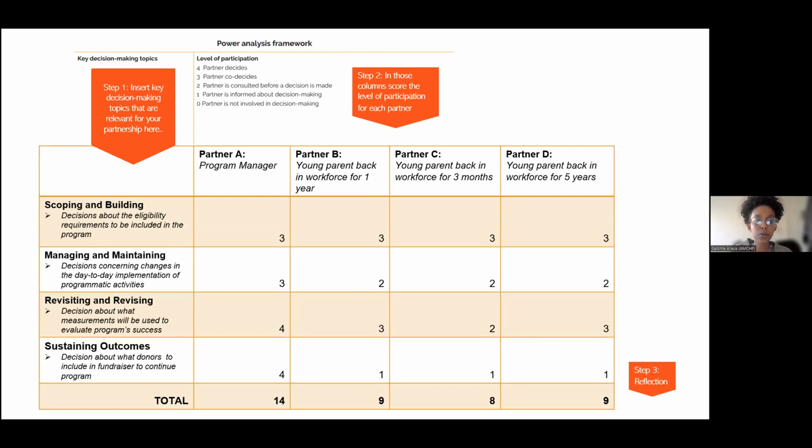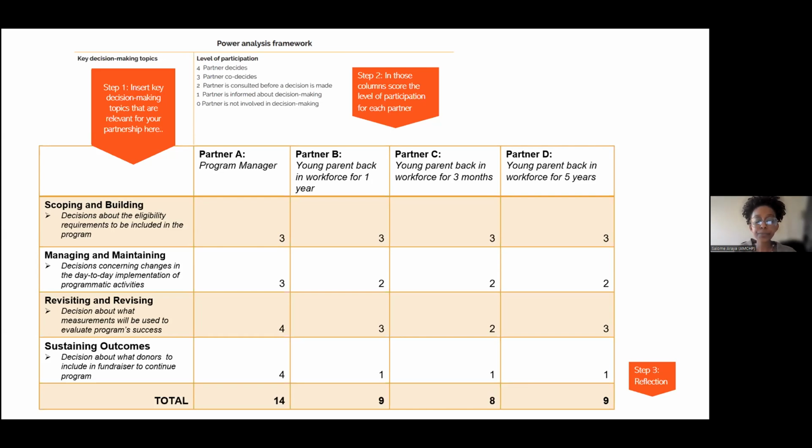And then also we want to find ways to engage partners about decisions related to a fundraising event. So like, what donors should we include in a fundraising event that will help us align and continue providing these supports, and continuing the program.